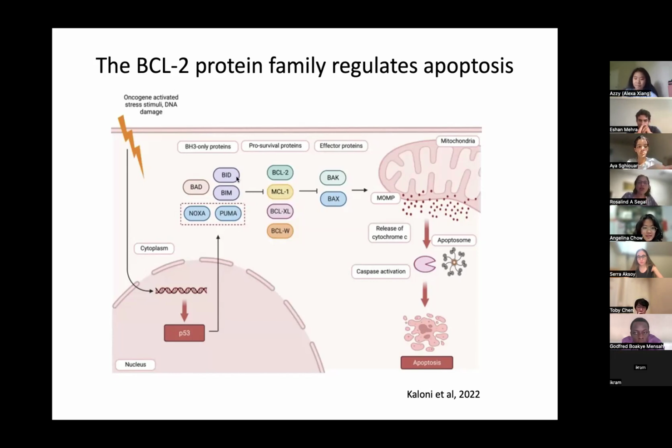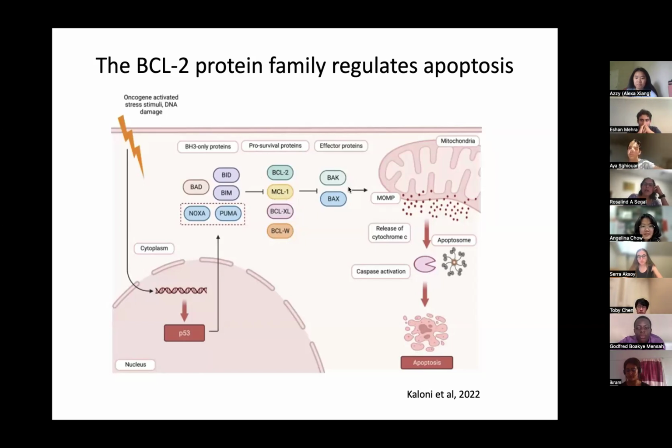So BCL2 was the initial family member identified, and we now know a lot about these family members, and they are critical regulators of cell death and cell life. So BCL2 and BCLW and several other of the family members are pro-survival proteins.